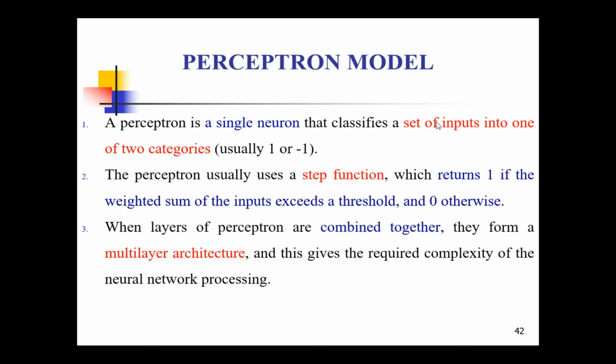When more than one perceptron model is combined, or when layers of perceptrons are combined together, they form a multi-layer architecture. This multi-layered architecture provides the complexity that neural network processing should have. Here we are going to process complex data, or predict data where complexity exists. For this, the single layer perceptron model does not provide any fruitful results.